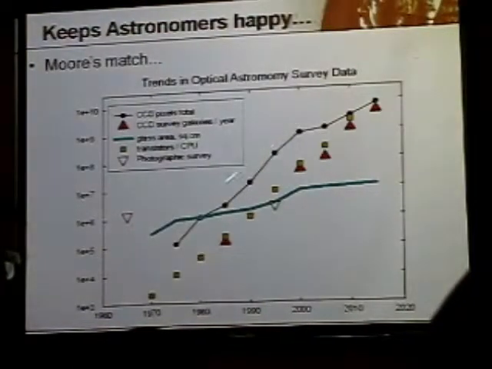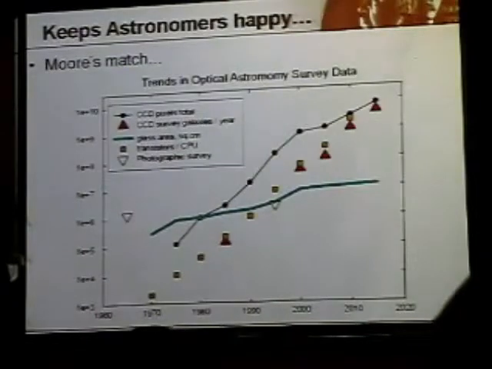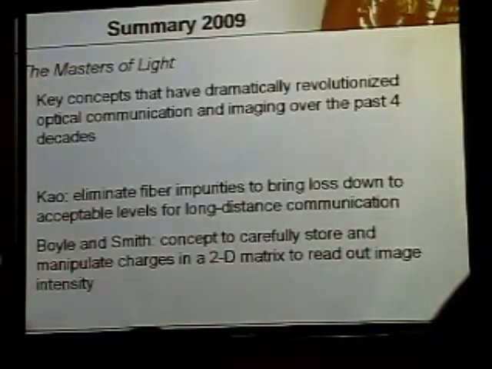CCDs are also going on a very similar logarithmic behavior with time. It's like a Moore's law for them. And similarly, the number of galaxies that we discover per year is also increasing on a logarithmic scale like this, thanks to the CCD being used. Okay? Even for scientists, the CCDs are very important. In fact, most sensors, X-ray sensors, everything is today tending towards being a CCD.